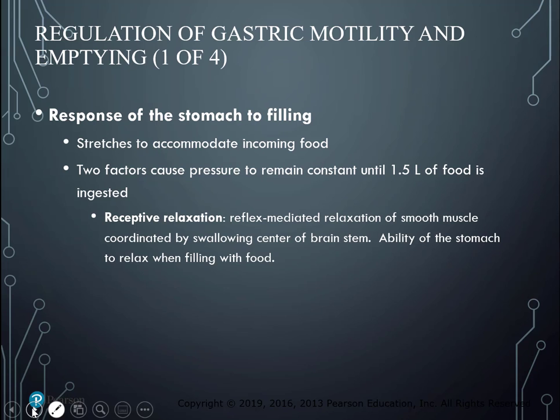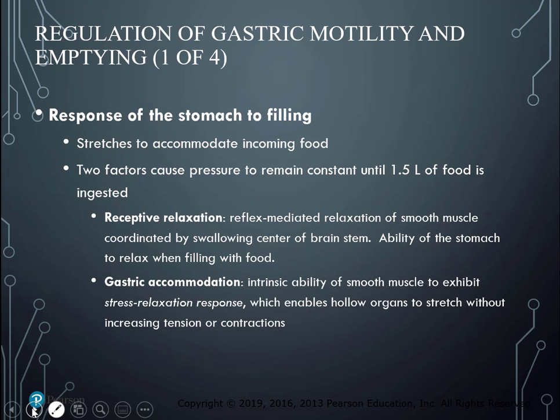There is receptive relaxation, which is reflex-mediated relaxation of your smooth muscle, coordinated by the swallowing center of the brain. The ability of the stomach to relax when filling with food is this receptive relaxation.